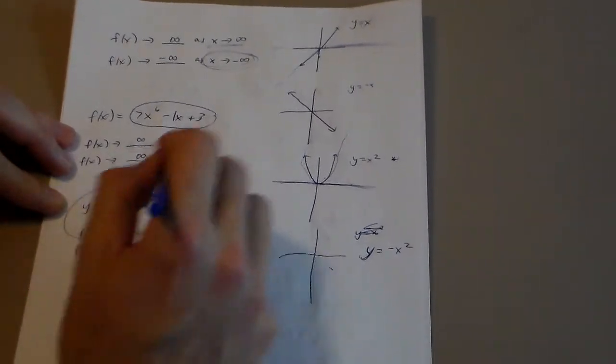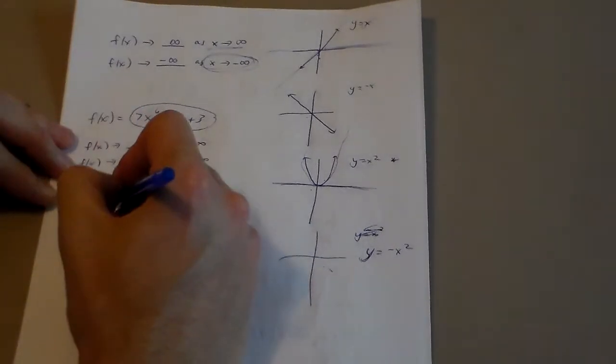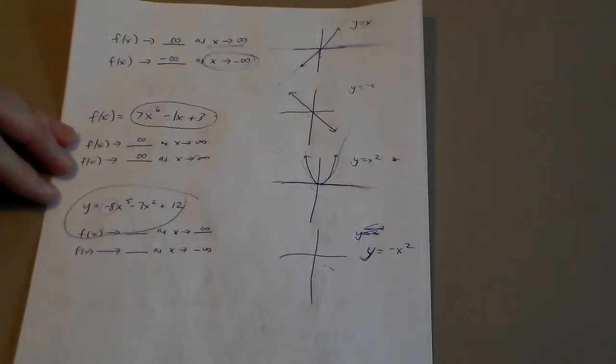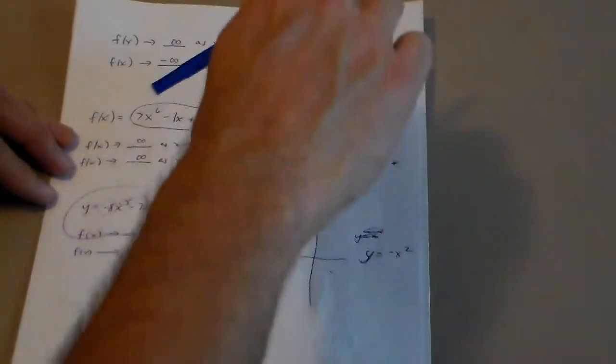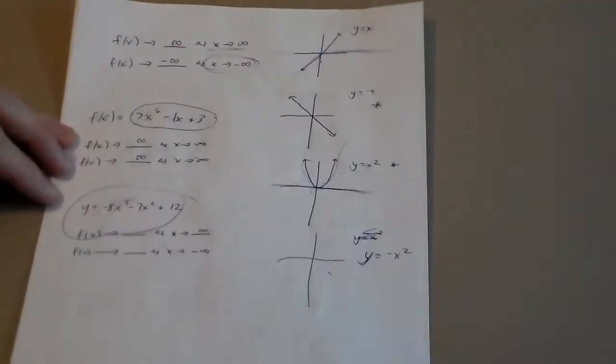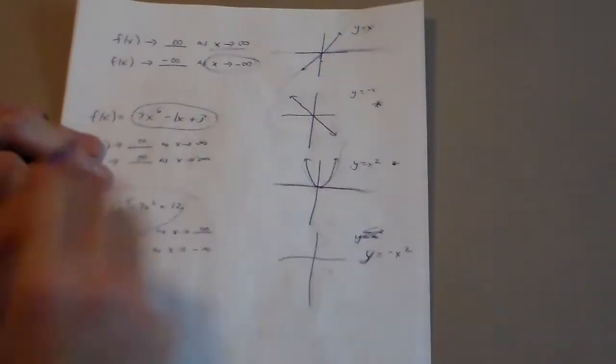So which of these four is this one going to be like? The leading coefficient's negative, the exponent's odd. Which of those is the leading coefficient negative and the exponent's odd? Right here. Ding, ding, ding. It's like y equals negative x. So I have to describe this end behavior.